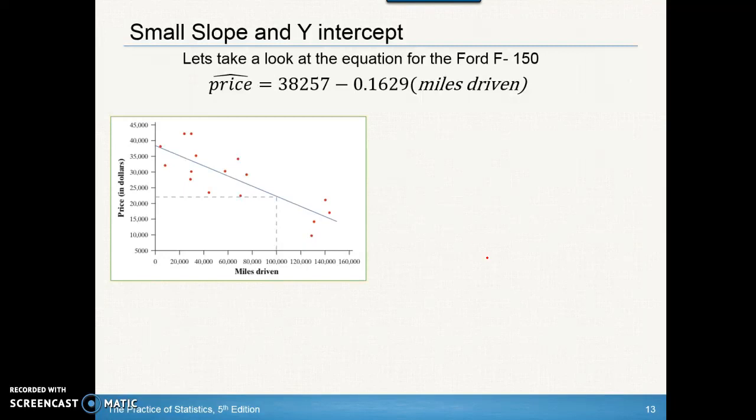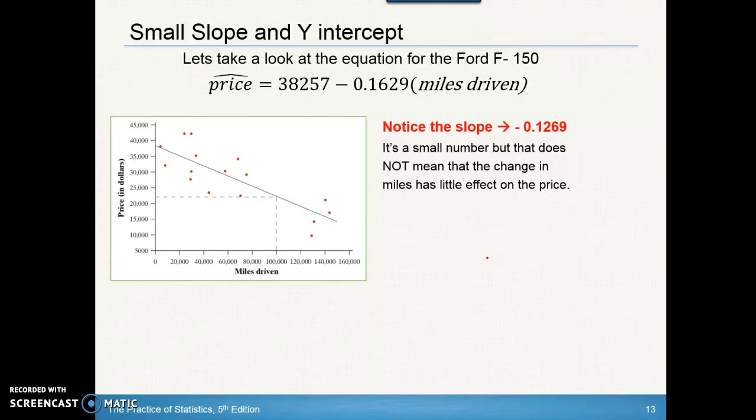So let's take a look at our equation for our Ford F-150. Now, notice the slope is negative 0.1629. It's a small number. But the slope being a small number does not mean that the change in miles has little effect on price.